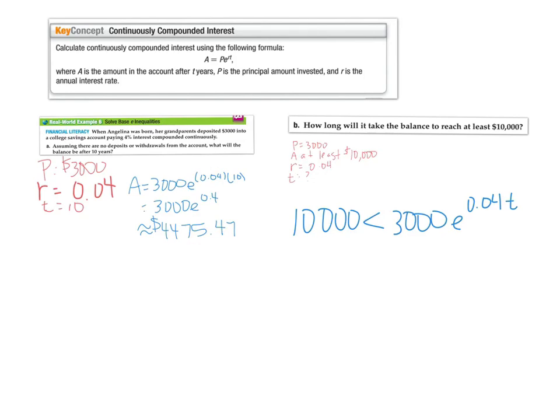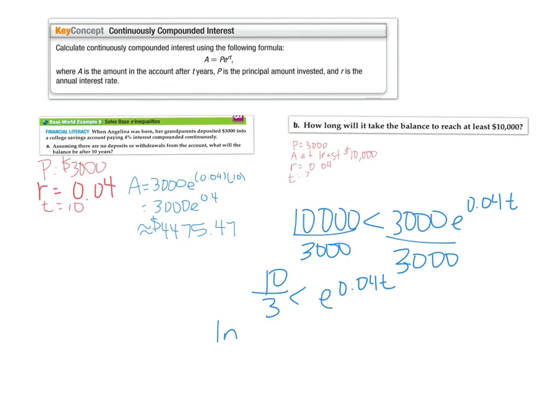So what we need to do is divide both sides by 3,000. And you're going to get 10 over 3 is less than E to the 0.04t.